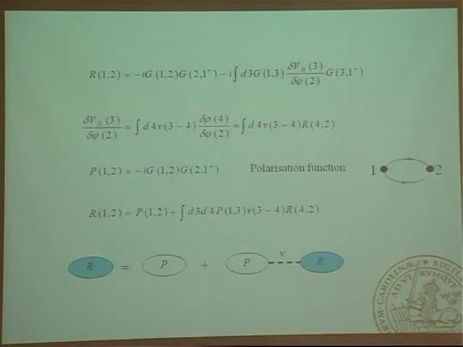If you write it in terms of bubble diagrams, you can see that if you iterate this, you get a set of bubbles with 1 Coulomb interaction, 2 Coulomb interactions, and so on. That's the well-known RPA response function.